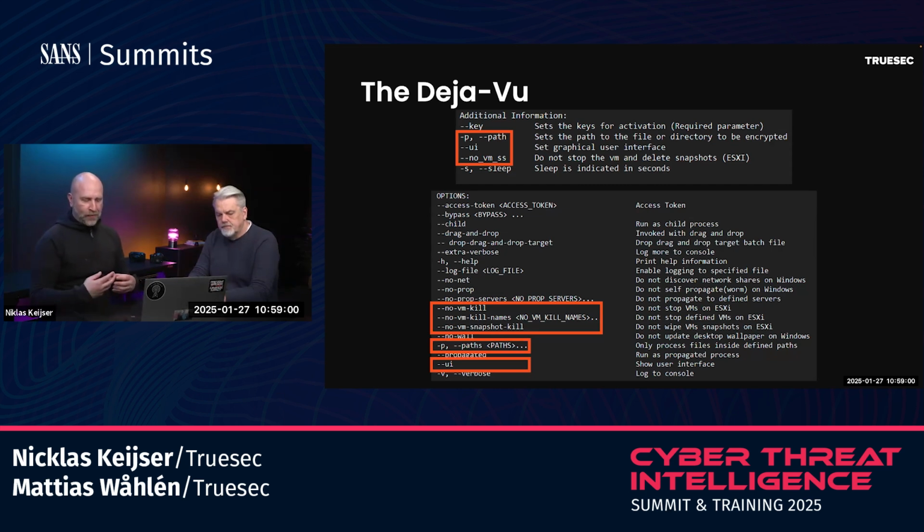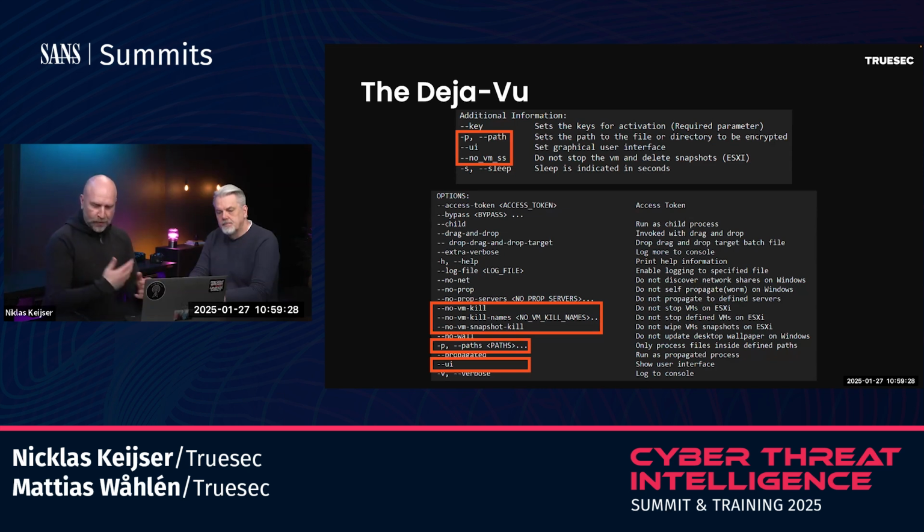Then we see this --path, which is actually quite common, but the way they have put it looks similar. And then we see this --no-vms and -ss, which stops the VMs and deletes the snapshots. Comparing that to the BlackCat one, they have the same things as well. And we will look a little bit deeper at this specific parameter as well.